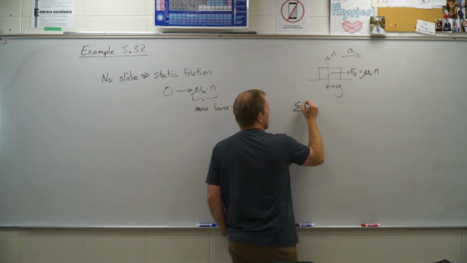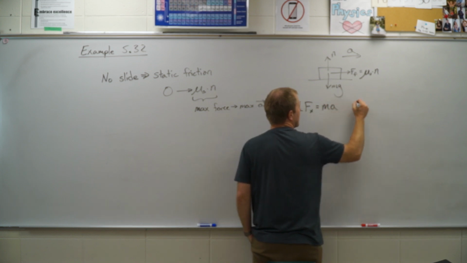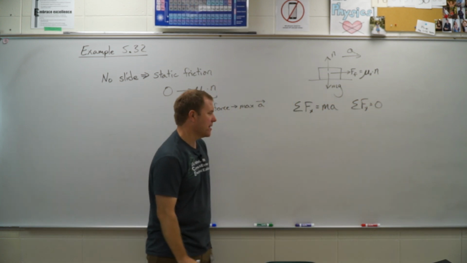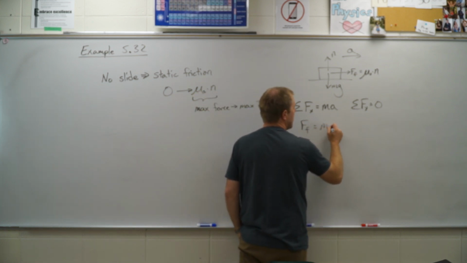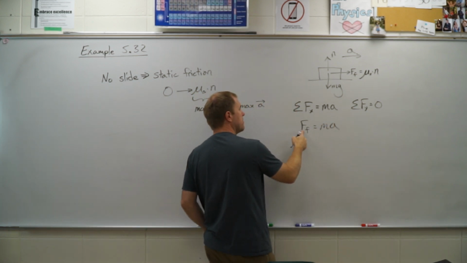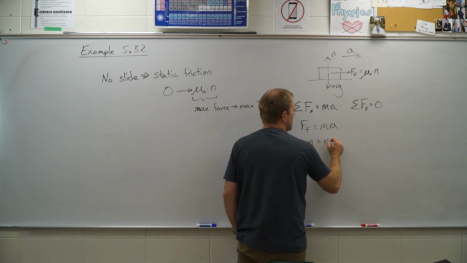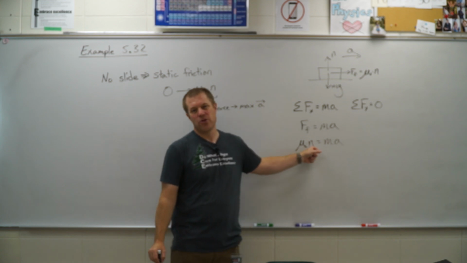So I need to go ahead and generate my force equation in the x direction where it is accelerating and my force equation in the y direction where it is not accelerating. In the x direction, I simply have the force of friction equals ma. Make my substitution for that maximum value, so mu sub s times normal force equals ma. When I get to this point, I will need to solve for normal.